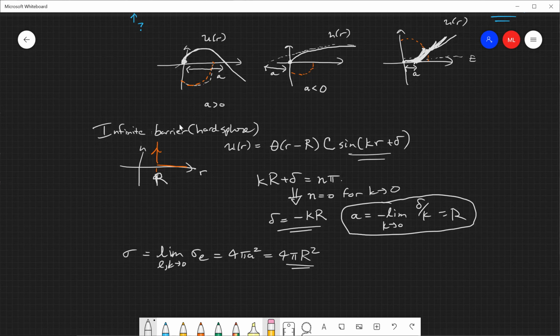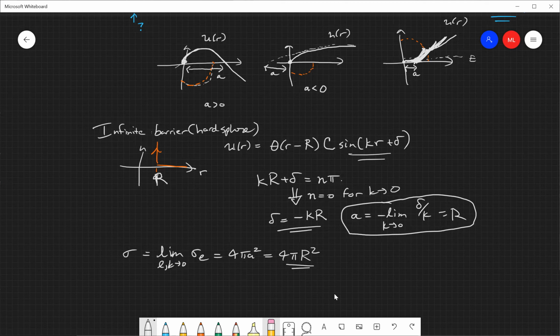I think this is probably one of the more dramatic calculations. We showed that for a hard sphere, at low energy, the total cross section, the amount that the incoming particle sees, is actually 4 times the projected area of the hard sphere. Just something to think about.